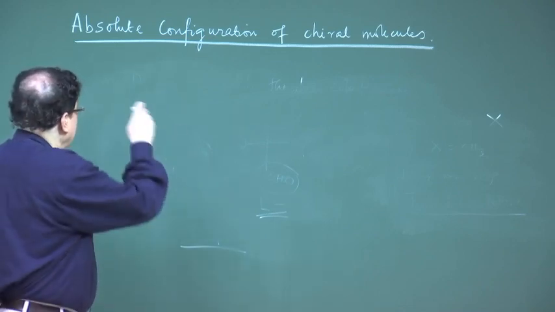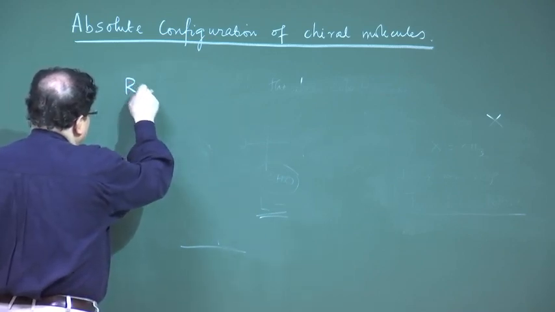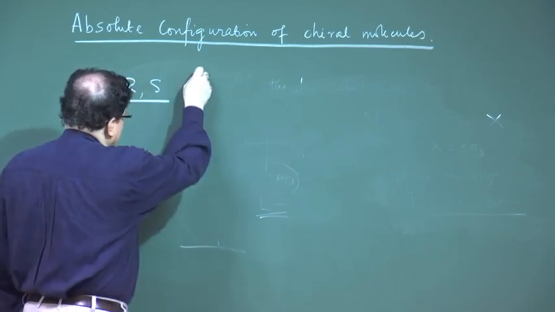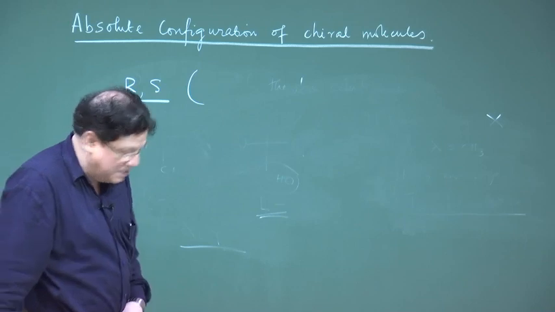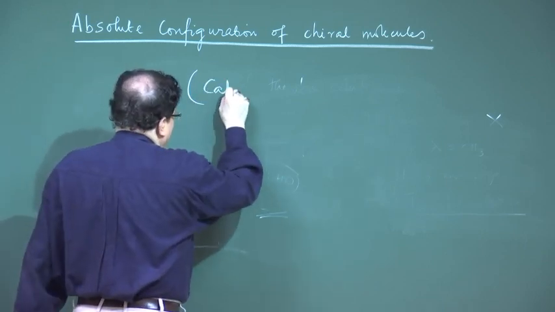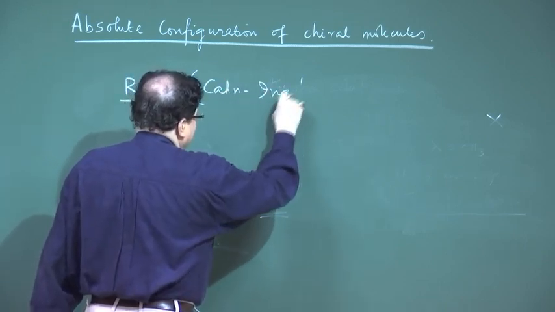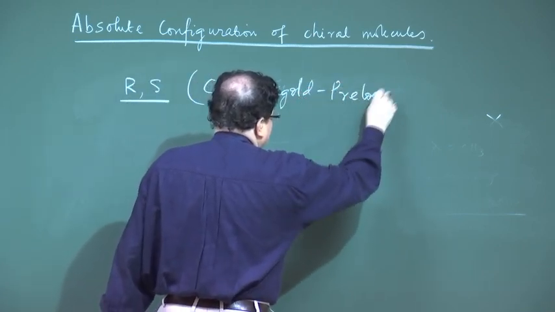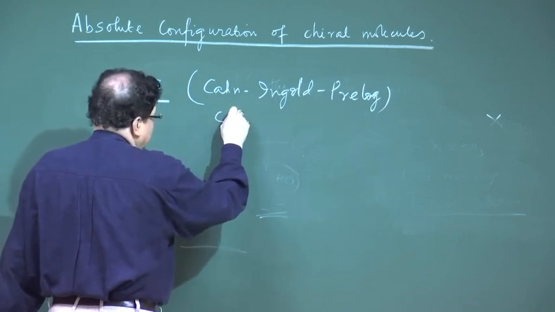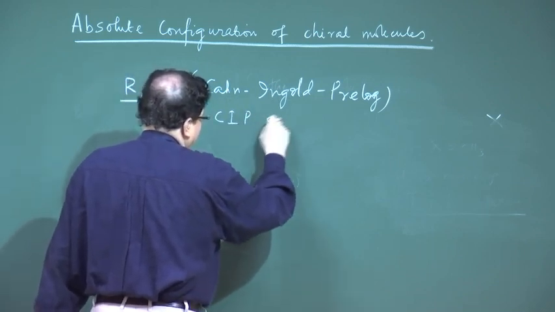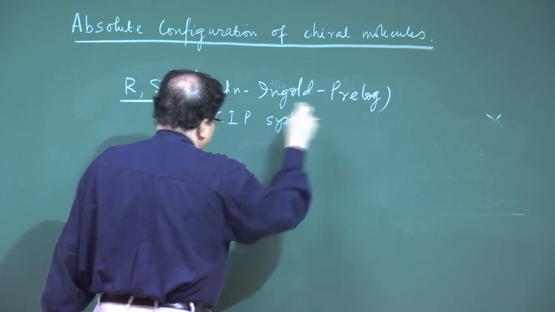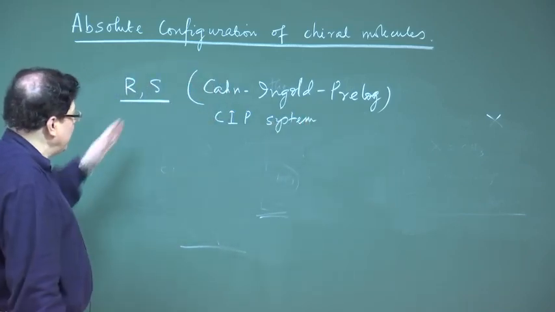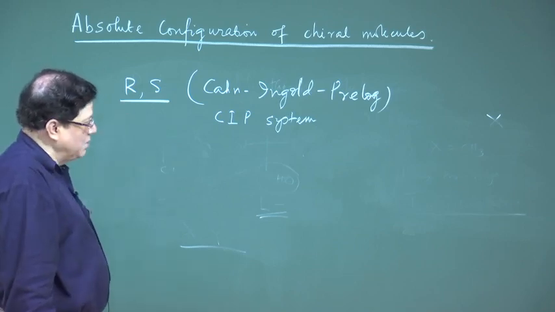They accepted the proposal by three very famous scientists: Kahn, Ingold, and Prelog. Sometimes this is called the Kahn-Ingold-Prelog system, or CIP system. Whatever they proposed, IUPAC has accepted, and it is a very general way of giving absolute configuration to a molecule.